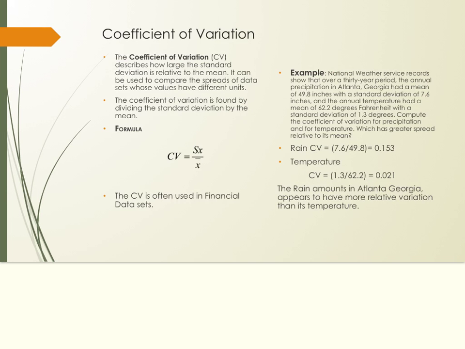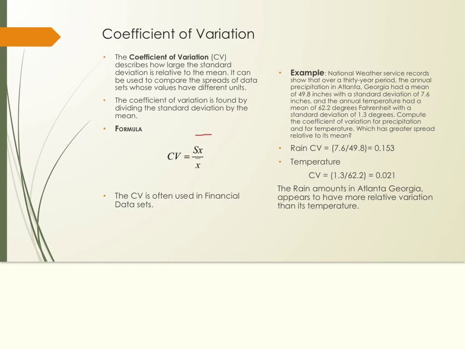Well, the coefficient of variation is somewhat a measurement of risk. It can be used in financial ideas about risk. And what it describes is how large the standard deviation is relative to its mean. And so it can be used to compare different data sets in the relative value of the spread measure relative to its mean value.